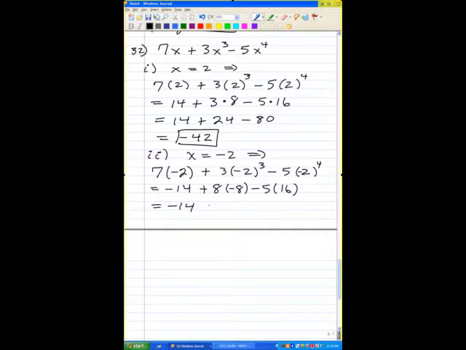3 times negative 8 is a negative 24. 5 times 16 is 80.